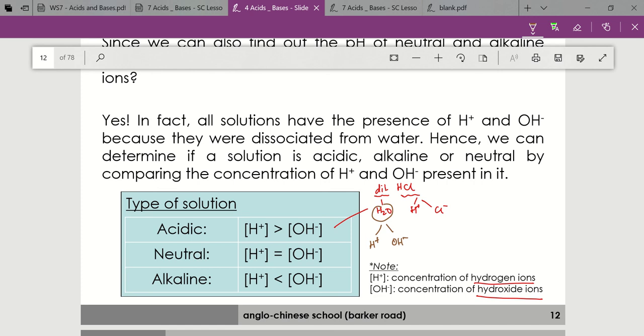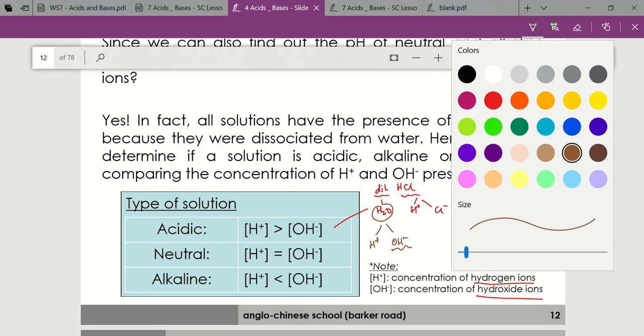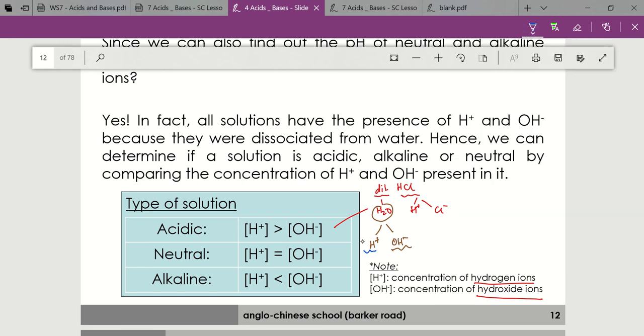So this is where you get hydrogen ions and hydroxide ions present inside a solution of hydrochloric acid. Okay, you have hydrogen ions present, you also have hydroxide ion present. And hence, in an acidic solution, I have very much more hydrogen ions compared to hydroxide ions.